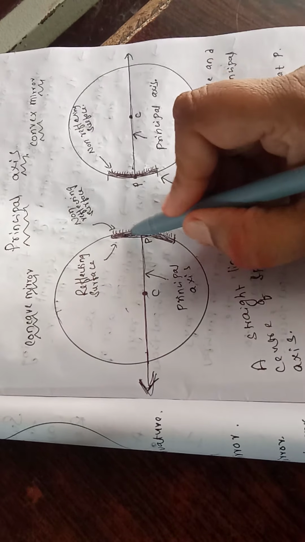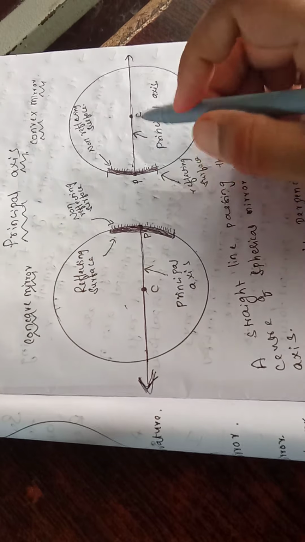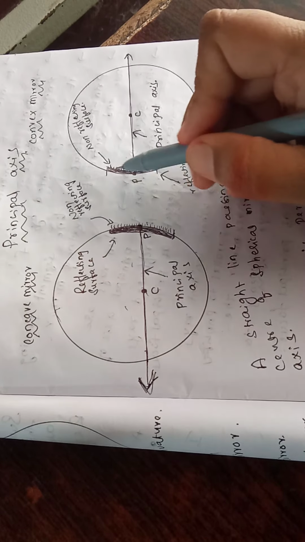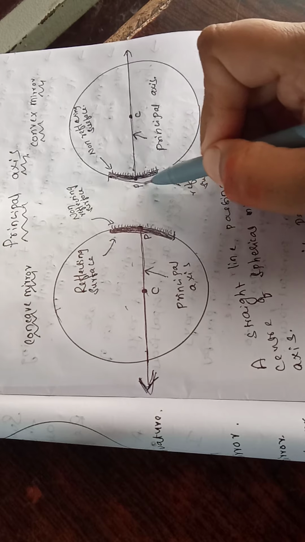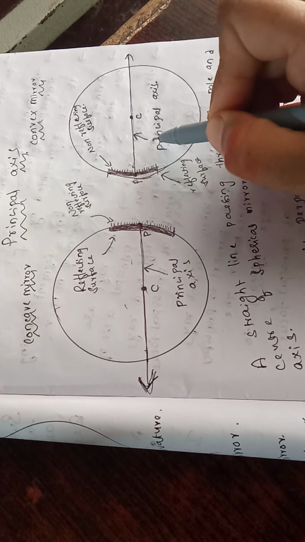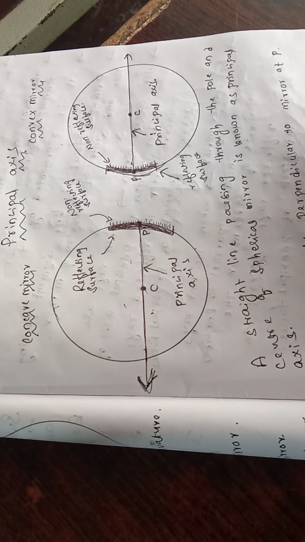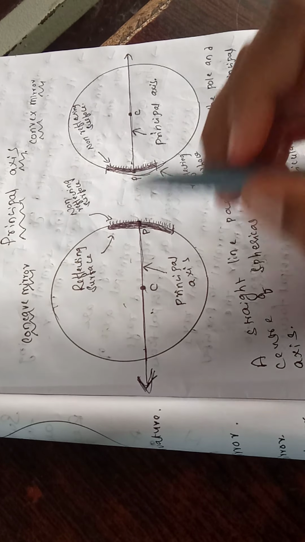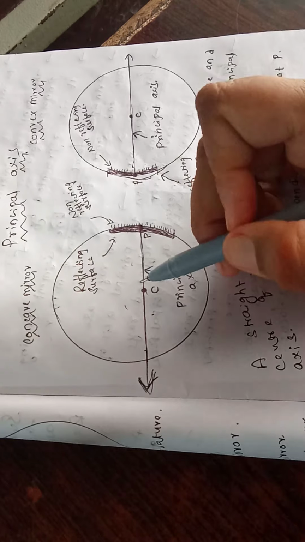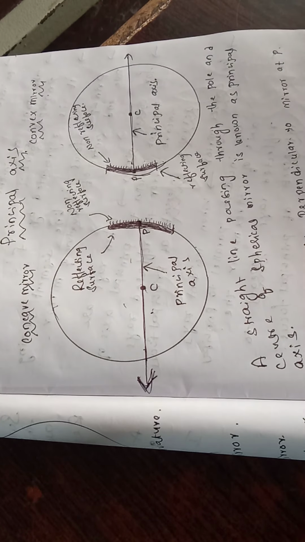Now this is the reflecting surface for the concave mirror, and this is the reflecting surface for the convex mirror. So the principal axis is nothing but a straight line passing through the pole and center of the sphere.